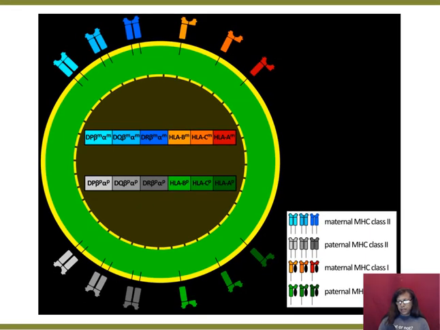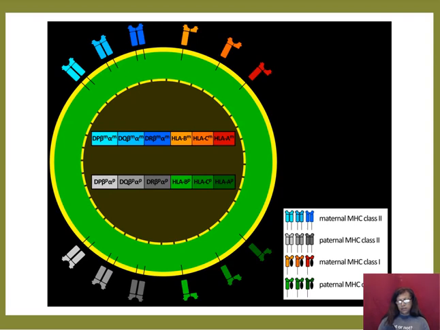But here I want you to have a look at what these molecular fingerprints kind of look like in this graphical form, and you can see why it's so complex. So the molecular fingerprints that are on each and every one of our cells that I've been talking about, they're called the major histocompatibility complex. They also can go by the term HLA.